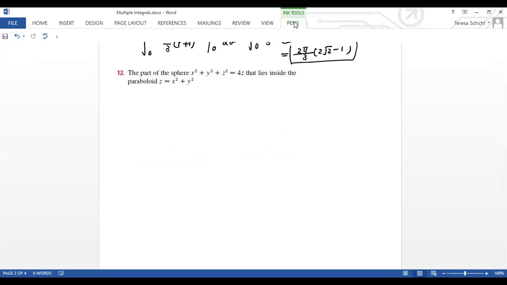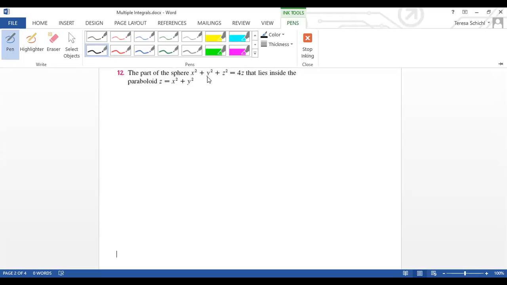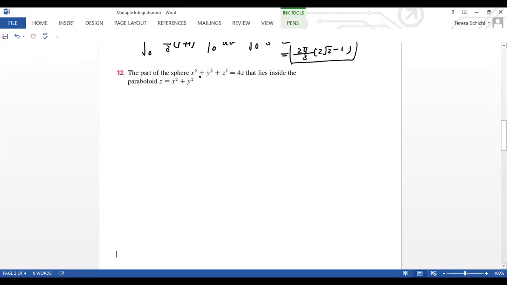Okay, so now let's take a look here. I want to find the part of the sphere x squared plus y squared plus z squared equal to 4z that lies inside the paraboloid z equal to x squared plus y squared here, okay? So take a look at this part. This is x squared plus y squared. This is z, right? So I can solve it. I will say z plus z squared equal to 4z.